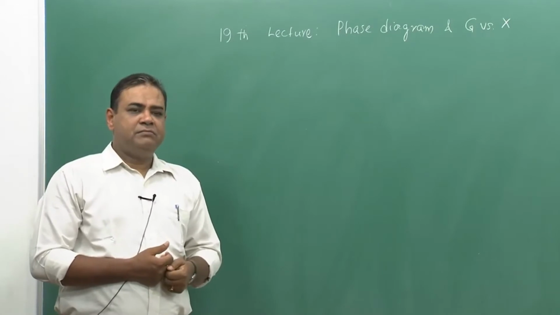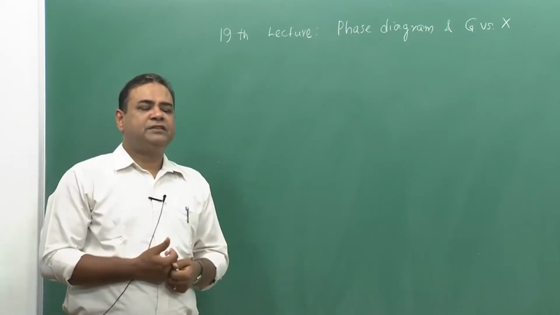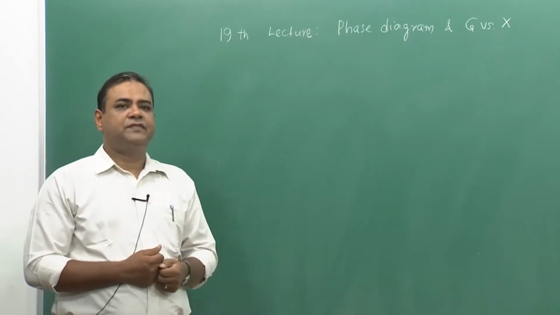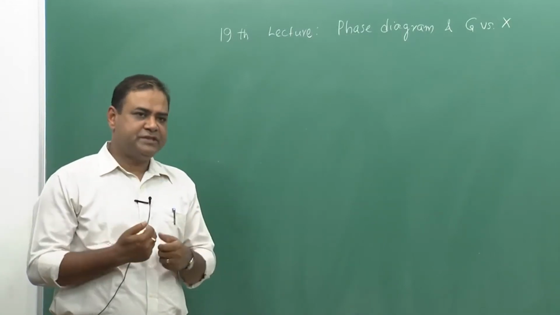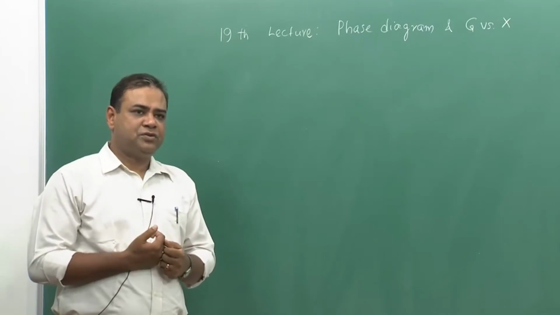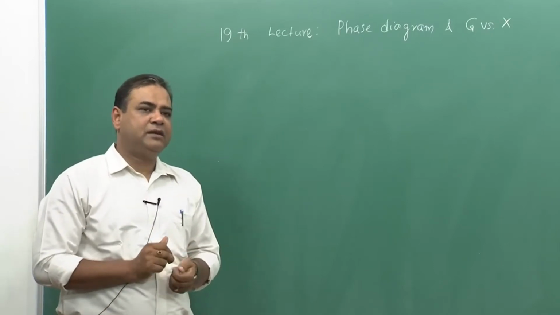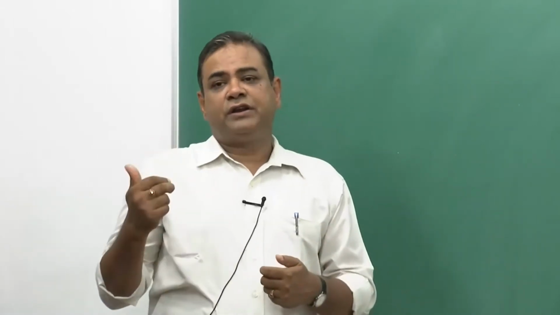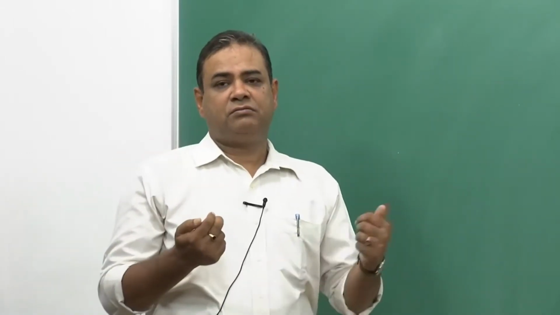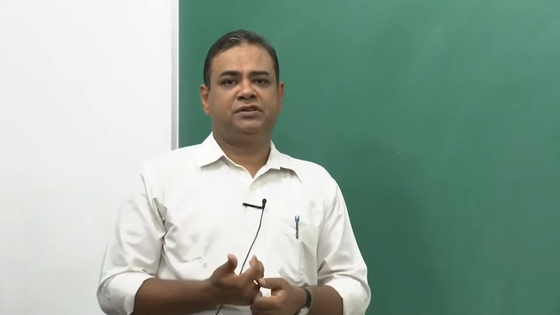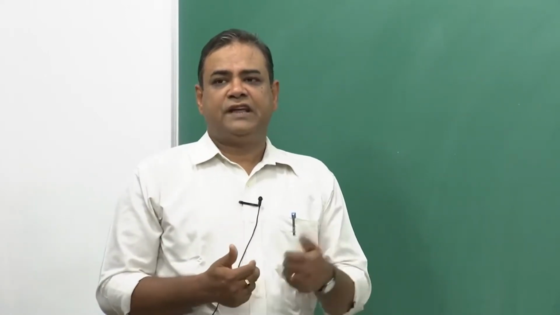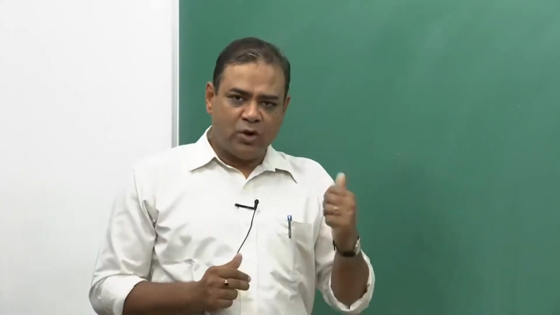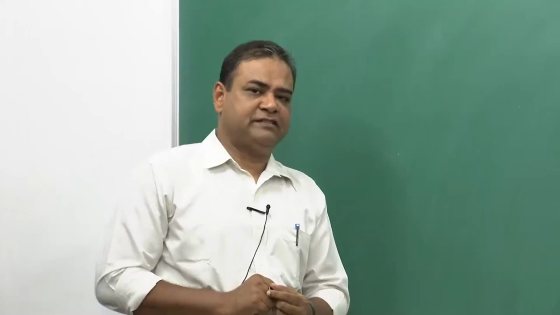And at the same time, if we consider a binary system, then the composition part would come into picture, and that time we need to consider the composition also as a variable, and that time we need to see at a particular temperature or at a particular pressure what would be the temperature and composition variable condition, and that time what would be the number of phases that will be in equilibrium. So, it talks about the stability of different phases.